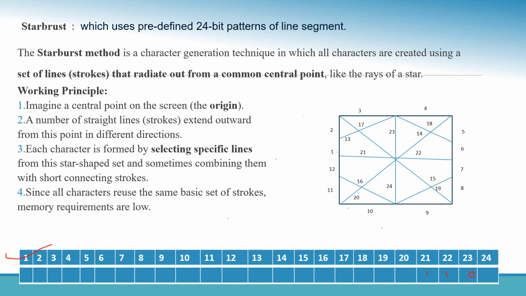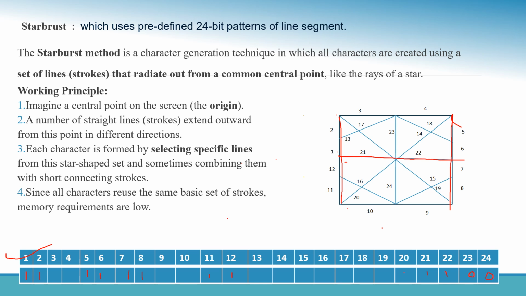For H, the middle line 21, 22, and the upper edges: 1, 2, 11, 12, 5, 6, 7, 8, and 21, 22, and the remaining are 0.